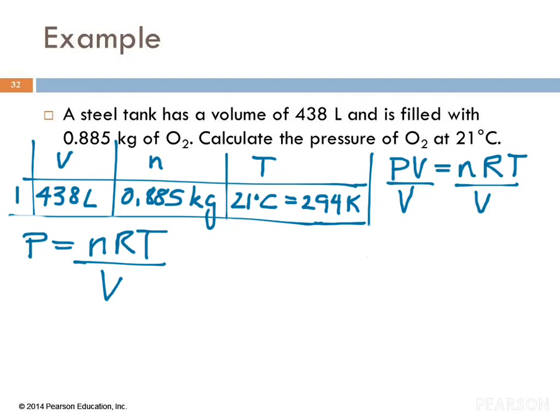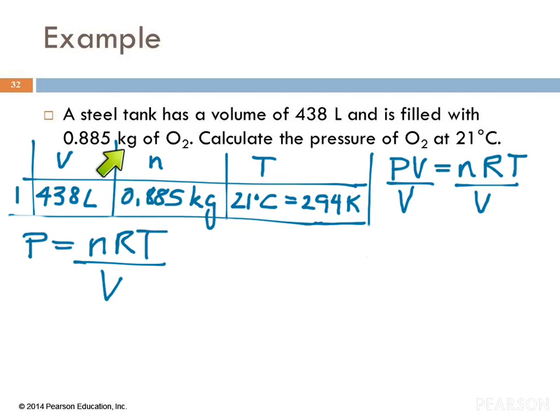The units on the ideal gas constant are liters, atmospheres, moles, and Kelvin. Liters is fine for volume, but this is not acceptable. So we need to change this into moles.